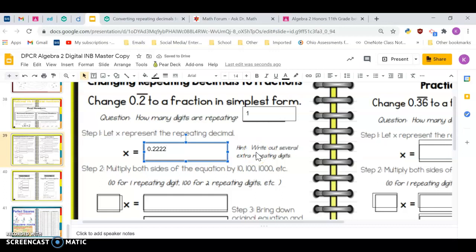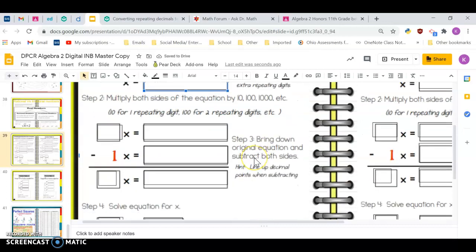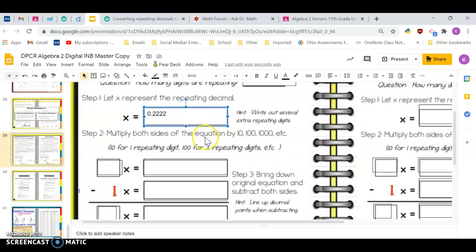Now, for this next step, what we're going to do is multiply x equals 0.2222 by the place value of the number that is repeating. The number that's repeating is 2, and that 2 is in the tenths place. So I'm going to multiply x and 0.2 repeating by 10.